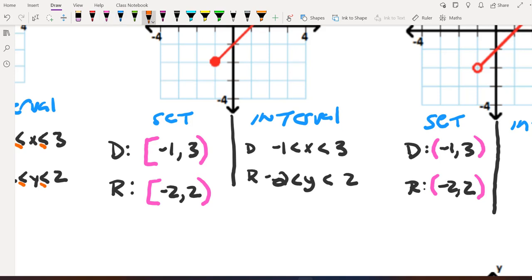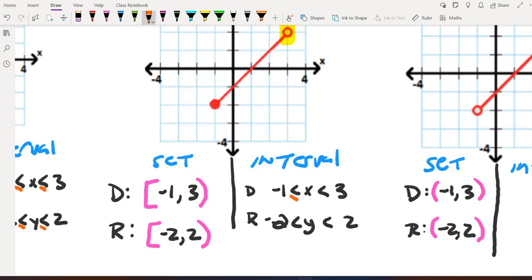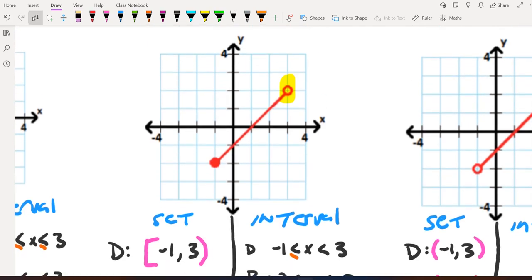So for -1, here on the x, we have a square bracket. Does this get an equal sign? Yes, because that point can equal it. This 3 sitting here, and up here we have a round bracket. Does this 3 get an equal line?